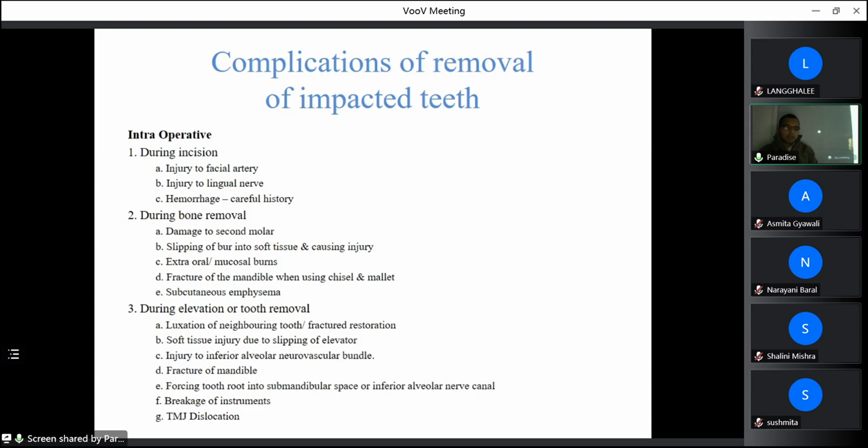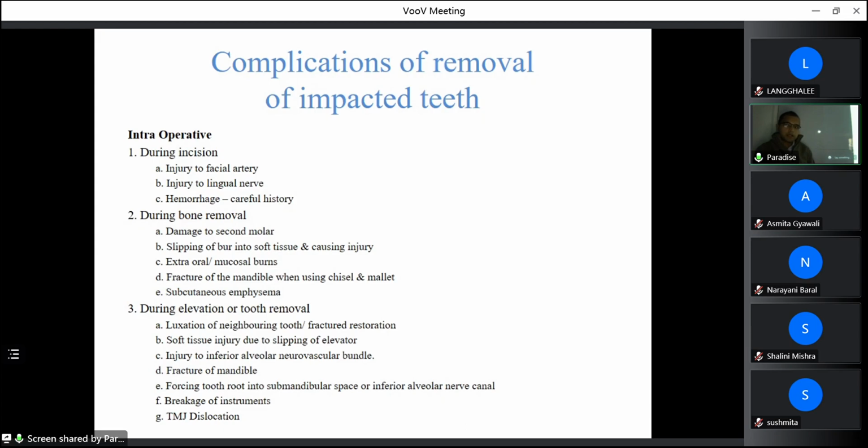Now, let's say the patient is taking warfarin and his INR is, let's say, 3, then what will you do? Let's say it's not an impaction, it's a normal extraction. Would you do the extraction or not? The patient is taking oral anticoagulants, his target INR is 3, and the normal INR level is 0.7 to 1.2.